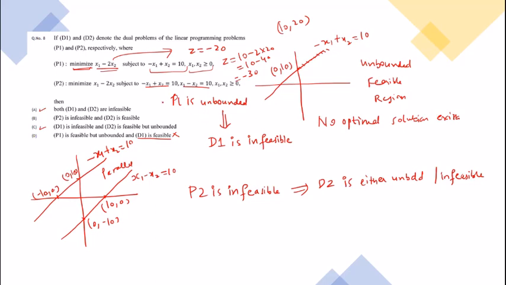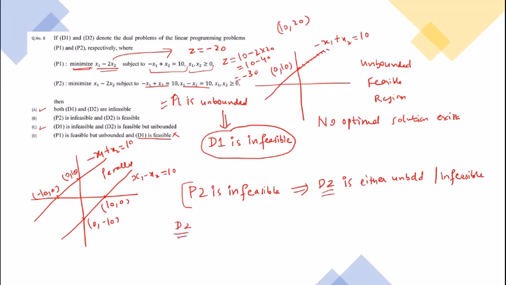For P1 was unbounded, we could definitely say the dual is infeasible, but when one of the primal or the dual happens to be infeasible, then the other one can be either unbounded or infeasible. So we are not sure about D2 yet, that's why we have to find D2 and solve that.